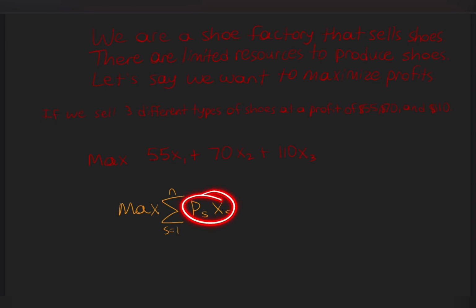So we are going to multiply these together, and then we're going to add them up for however many number of shoes that we have. This n represents however many shoes that we produce. If we produce 10 shoes, then we'll add up the profits times however many shoes we sell of each type, and that will be what we are trying to maximize. And of course, we start with shoe 1 because that's just the number you start with.